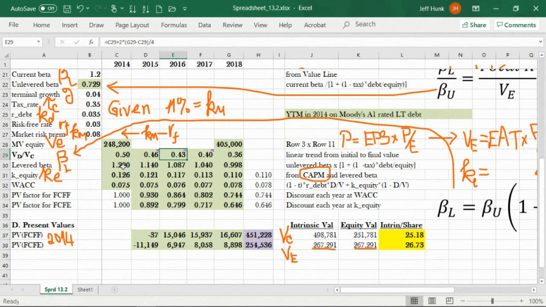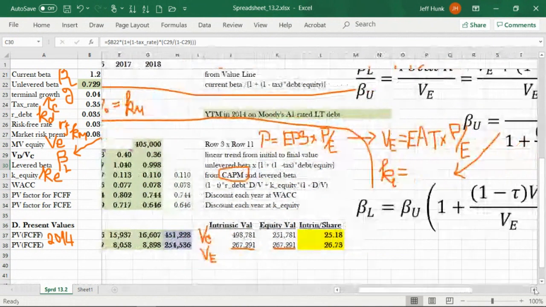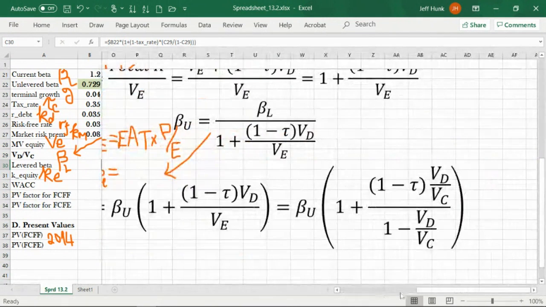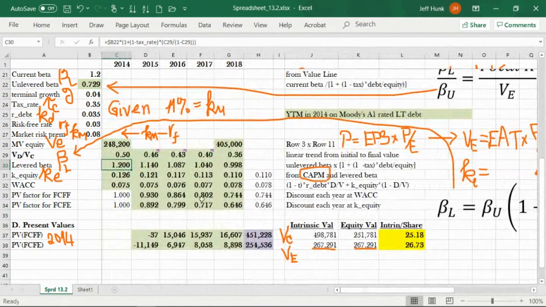Now, calculating leveraged beta using this formula, right? Using this formula, right? Calculated leveraged beta. Okay. And there you go.